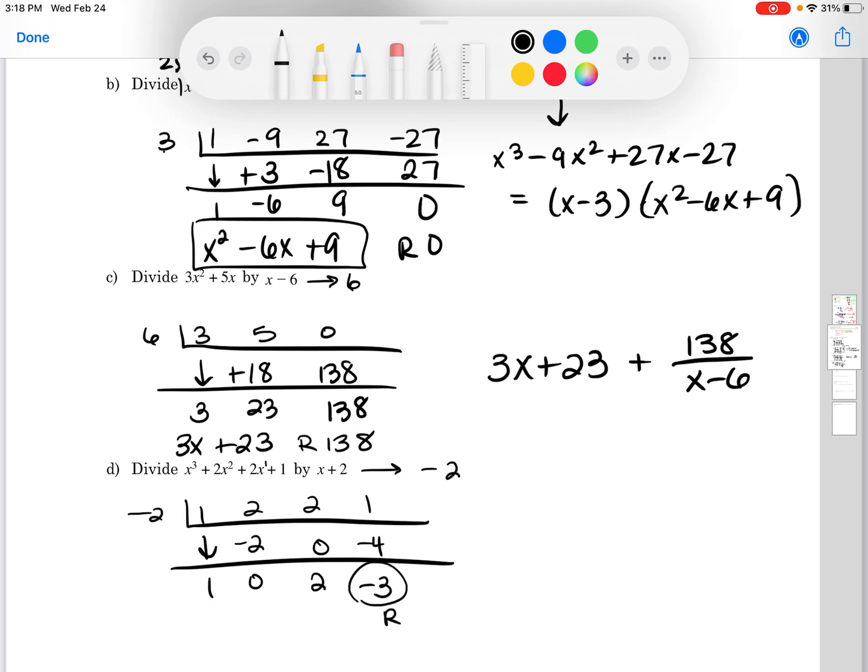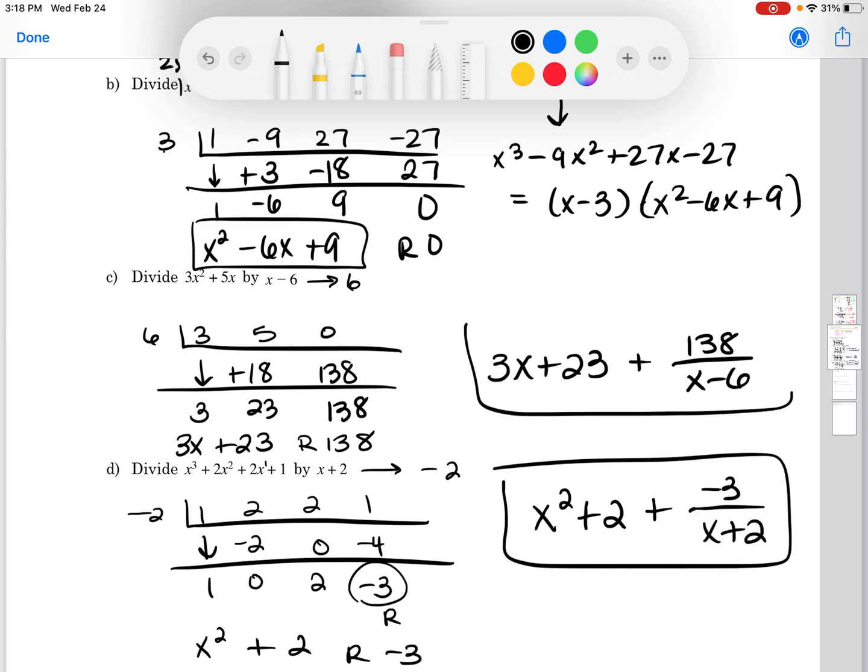Here's my remainder. So I have x squared plus 0x plus 2 with a remainder of negative 3. So that's x squared plus 2 plus negative 3 over x plus 2. Okay. When the remainder is 0, that's really what's going to benefit us as we continue working through these types of problems.